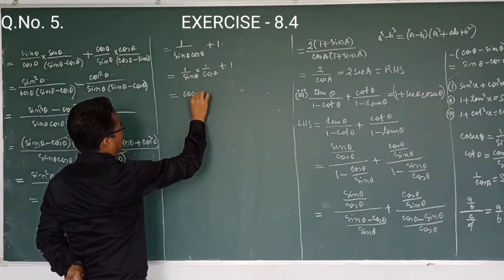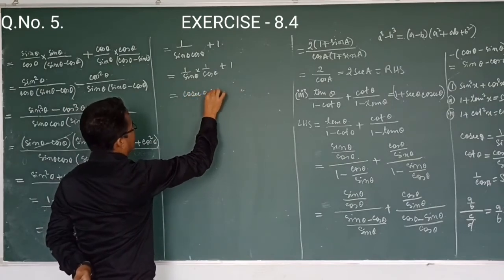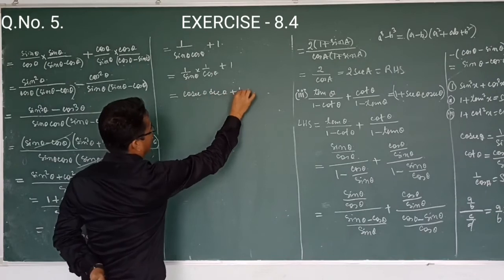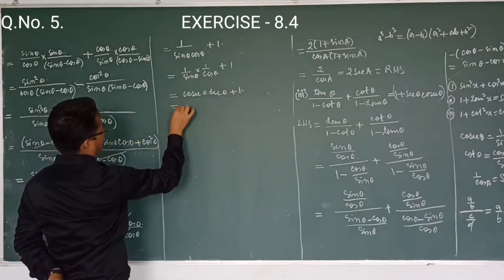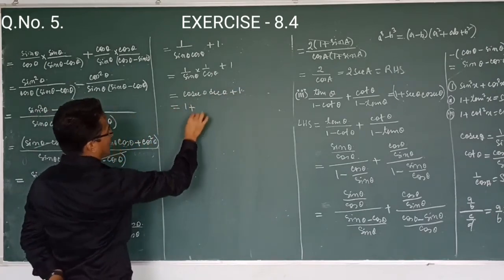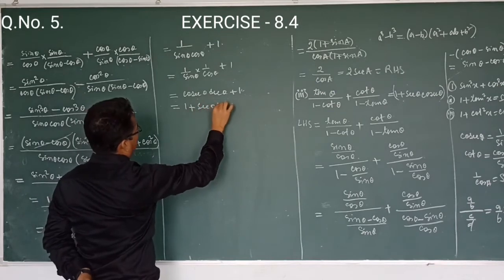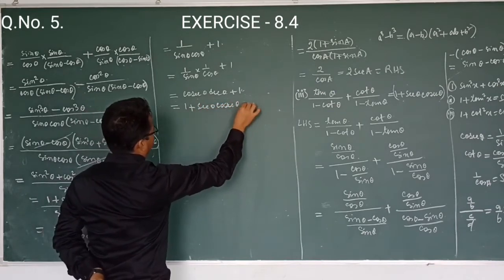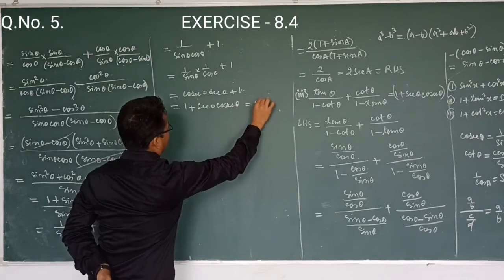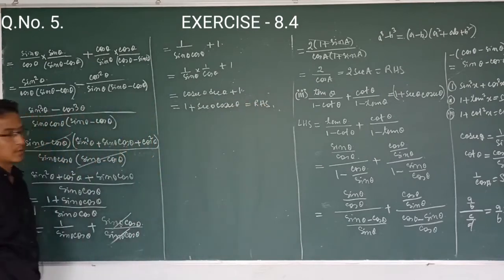So cosec theta and sec theta plus 1. Okay, arrange properly: 1 plus sec theta cosec theta, which is equal to the right hand side. Okay, this is our right hand side.